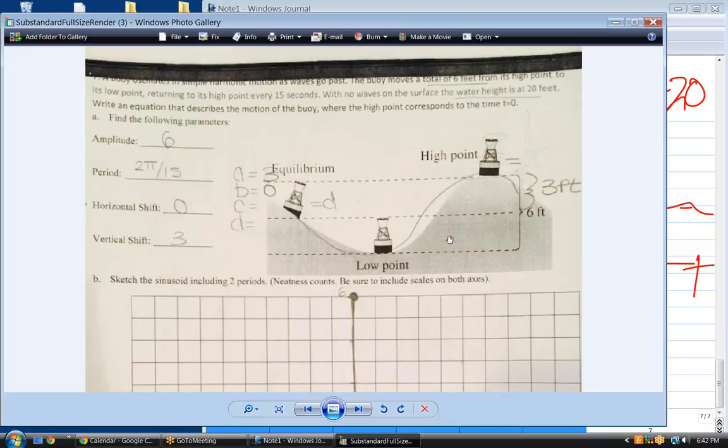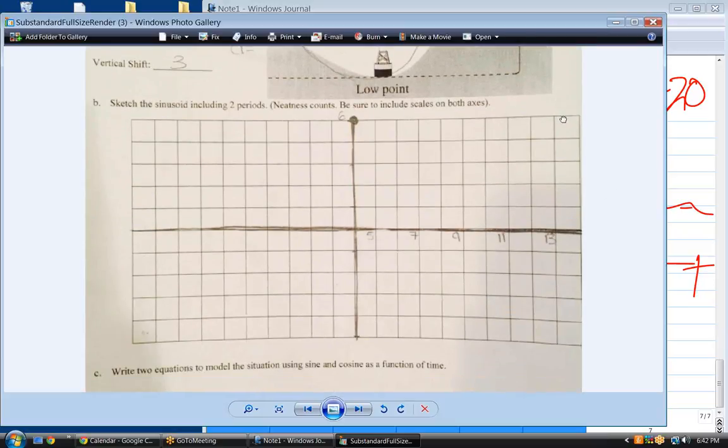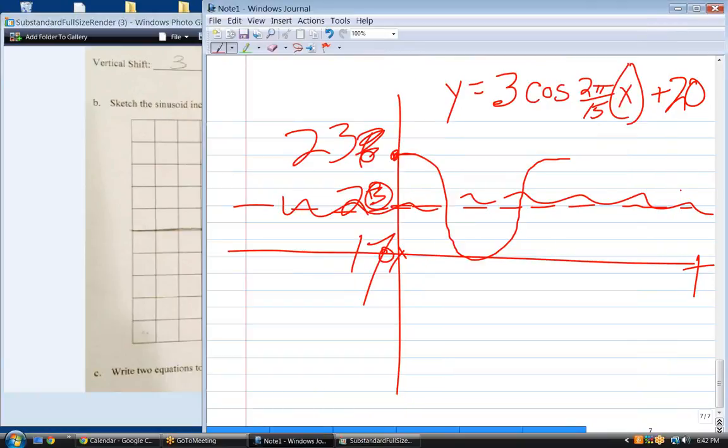Yeah, it's exactly what I was doing in class. So, if you want to graph 2 periods of it, you know that 2 periods means right now I have 1 peak and I have another peak. I have 1 period of it. So I can graph my second period like that.